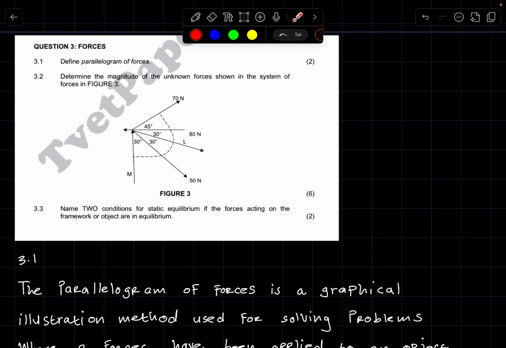For us to be able to solve this, they would have to tell us that this system of forces is in equilibrium. But just so we are clear, as much as they haven't stated it here, for such questions where you have unknown forces, we always assume that the system of forces is in equilibrium.